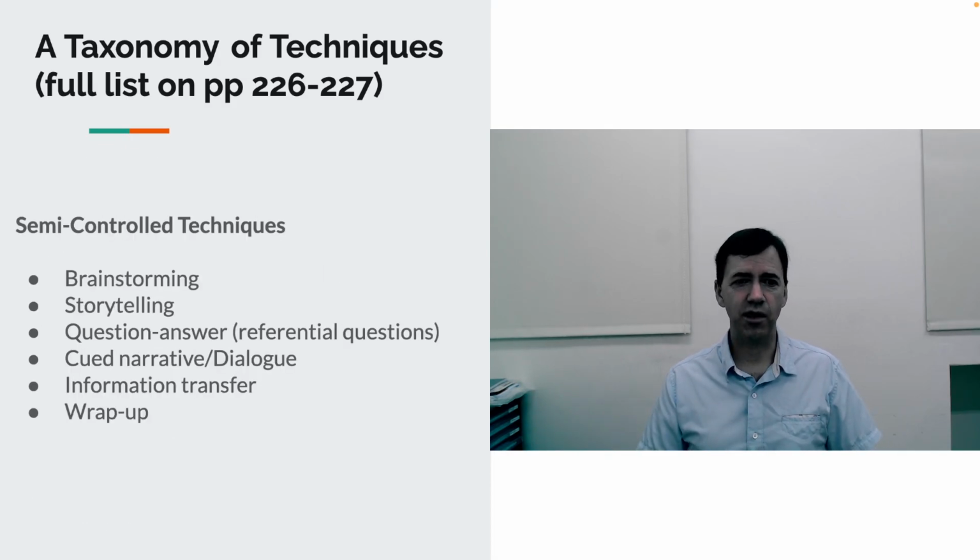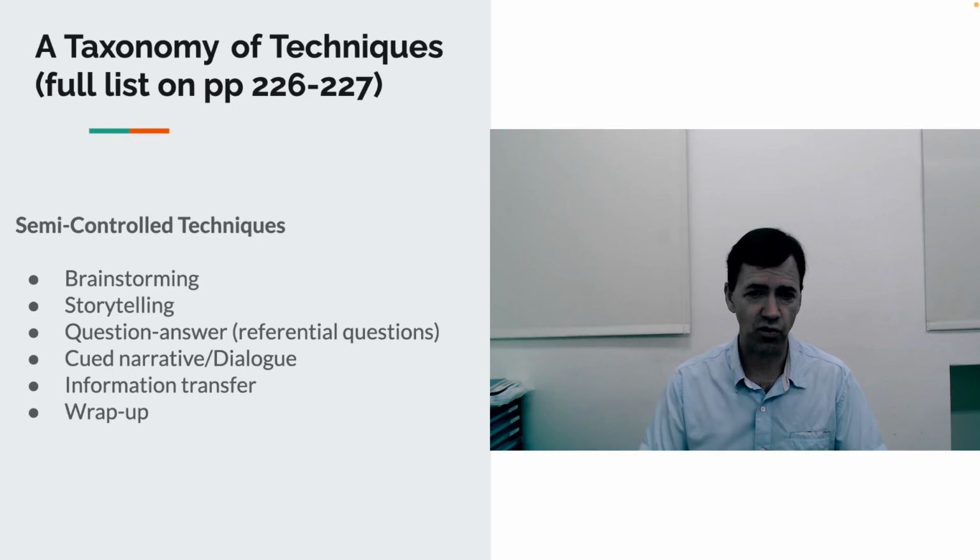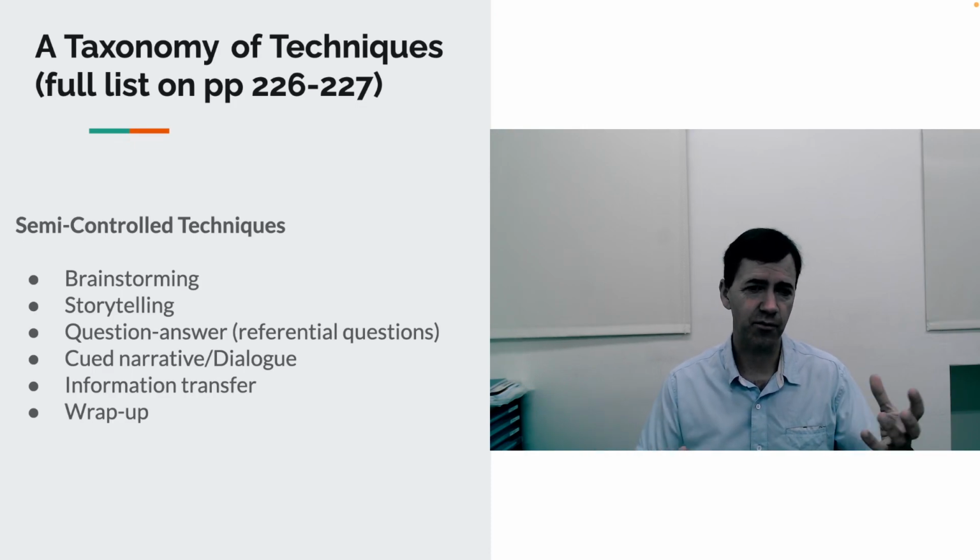Okay, now the second one is semi-controlled. So in semi-controlled, there are a few here like brainstorming, storytelling. So storytelling will be semi-controlled in the fact that I give you the story that I want you to tell, or I give you some clues and then you have to make the story on your own. So it's a little bit part teacher, part student.